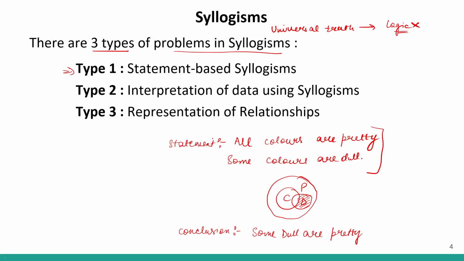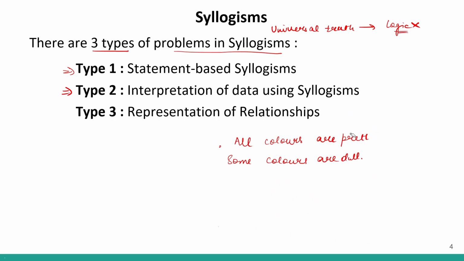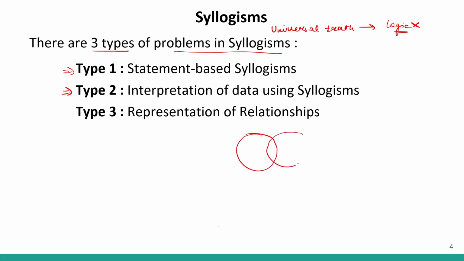Okay, then we have interpretation of data using syllogisms. For example, interpretation of data means, let's say, this is given to us. Okay, we are told that this represents men, and this represents police.